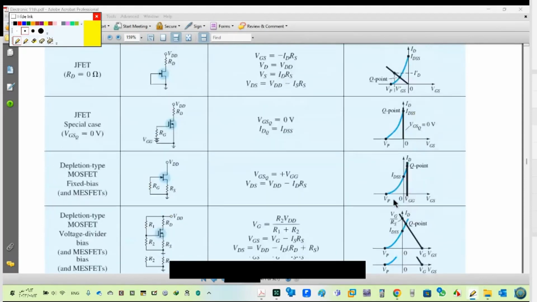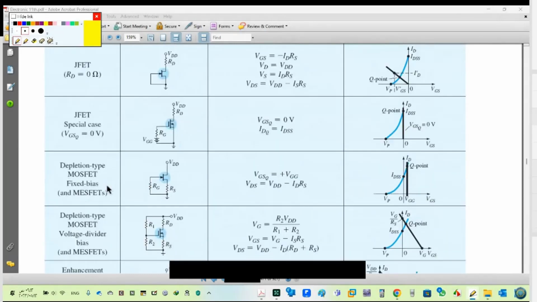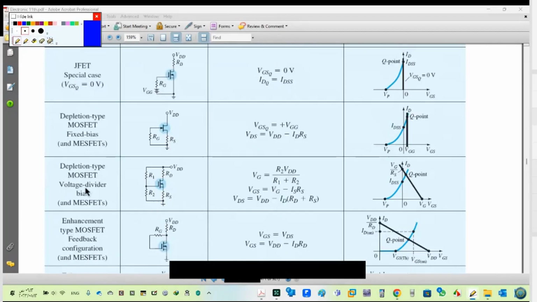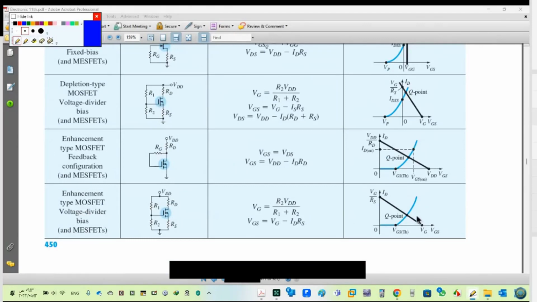After that, MOSFET depletion RD = 0, you can ignore it. It's not so important. MOSFET depletion fixed bias. See, focus on this area, Aryan. We have this positive. This is what he asked about, fixed bias. This is MOSFET depletion with voltage divider. See the line? Same. Then the last thing is enhancement feedback. We don't need this, cancelled. Last thing, enhancement voltage divider.